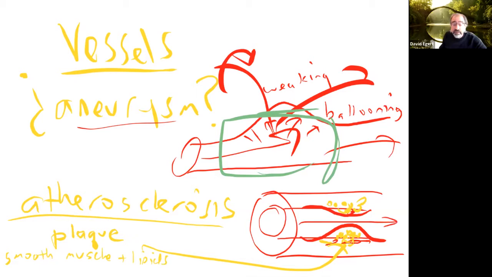If this is happening in your coronary arteries, it means that your heart is getting less and less of the blood it needs to do its job. If this is in your carotid arteries, it means your brain isn't getting all the blood and oxygen it needs. And it happens.